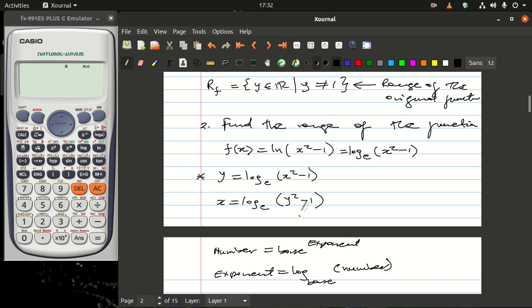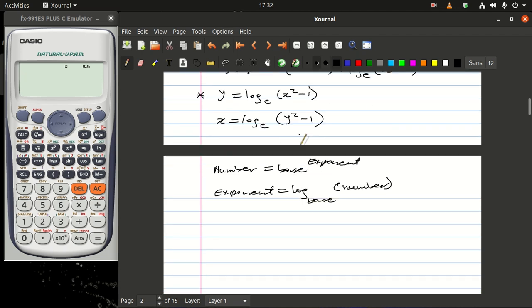So if you look into this equation here, you will find out that the number is inside. I want it out, so I will end up having y squared minus 1 is equal to the base. The base was e, so we will end up having e raised to an exponent x. So this was an exponent. Now y squared is going to be equal to e to the power x plus 1.